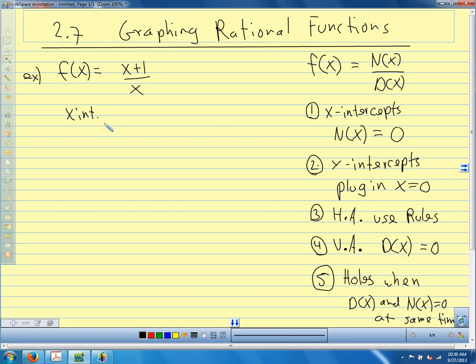Where would we find an x-intercept here? At -1, when the numerator is 0. So the x-intercept is x equals -1. How about a y-intercept?